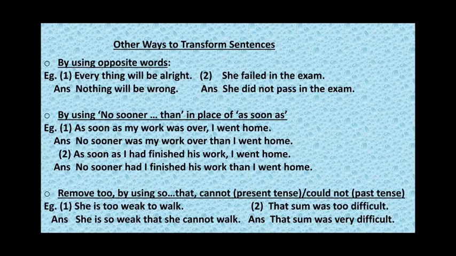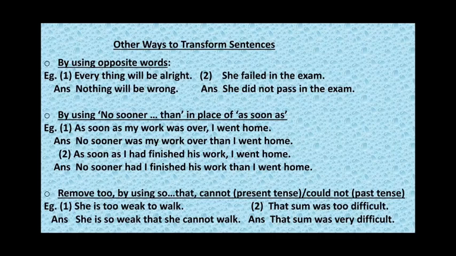So children, you can see the answer is a little bit long. Why? Because we have added something. That is, she is so weak that she cannot walk. So here we have used cannot. Why? Because this sentence is in the present tense.